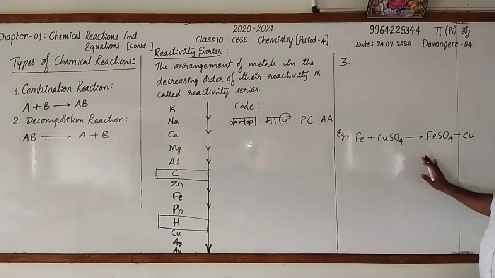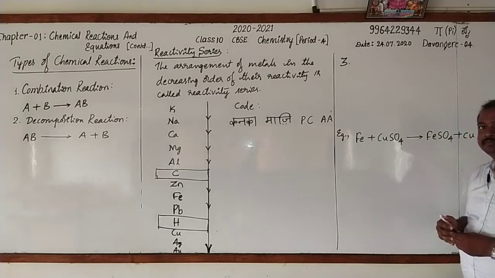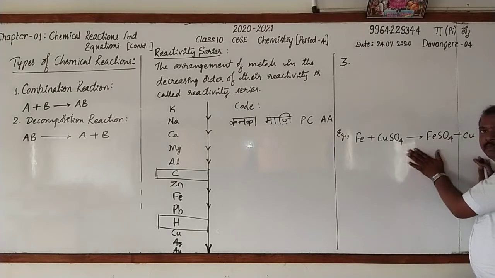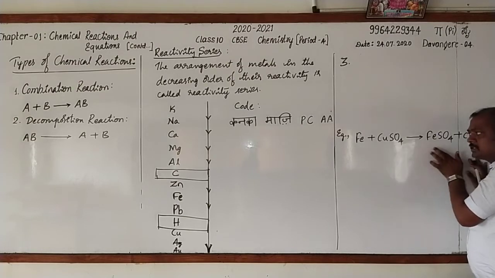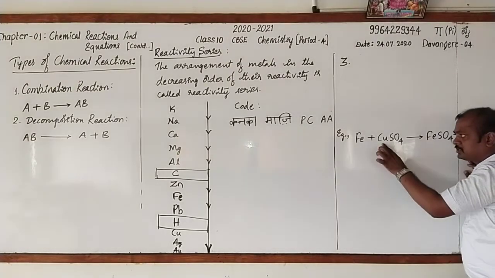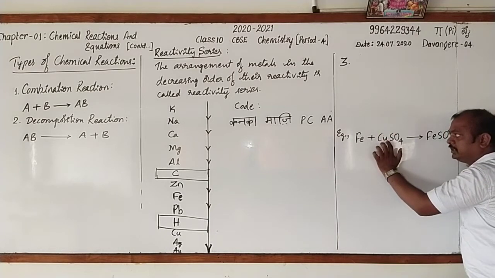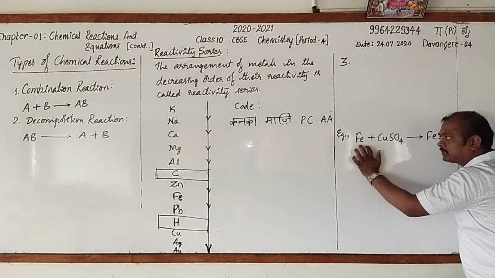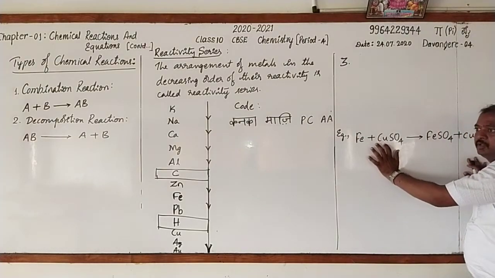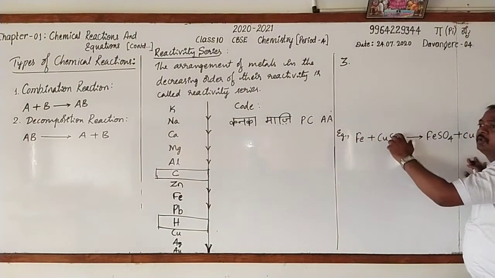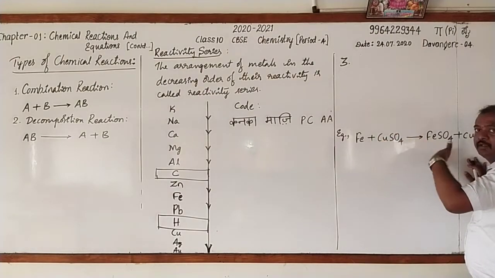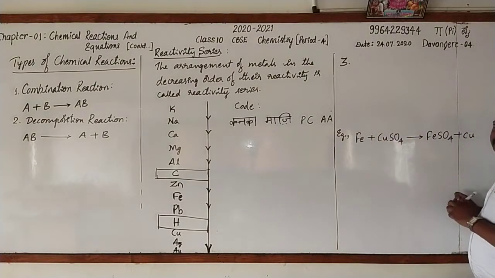Clear? So, based on this, can you tell what type of chemical equation it is? This is the chemical equation in which an element present in the compound is displaced by another element. Why? Because it is more reactive. Here, the less reactive element is being displaced by the more reactive element.